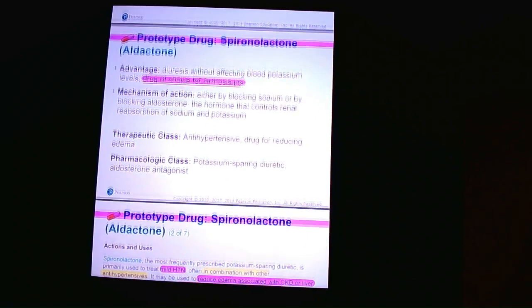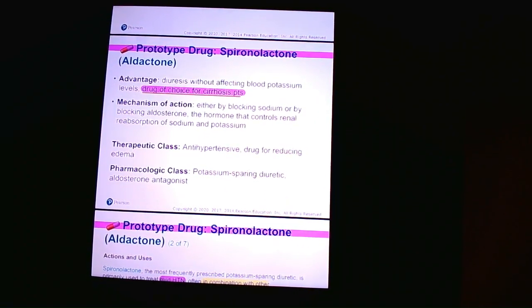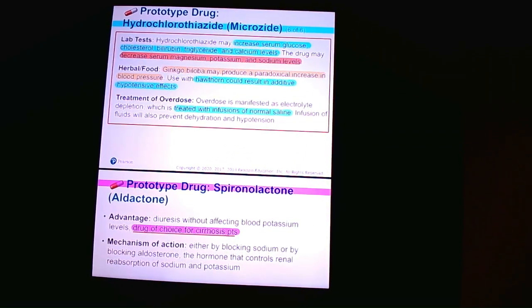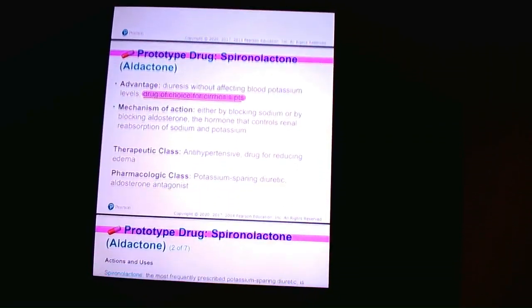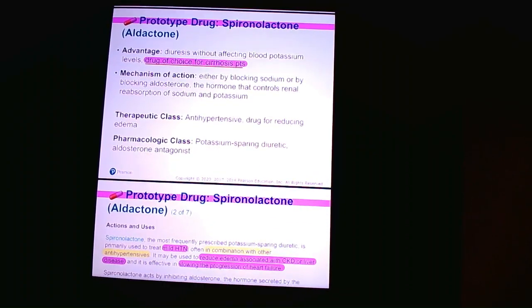Two G's. Hawthorn, there's hawthorn again. It causes more low blood pressure. That's it, right? So we'll be careful with the G's with diuretics. Ginseng and ginkgo cause higher blood pressure or cancel the diuretic out.